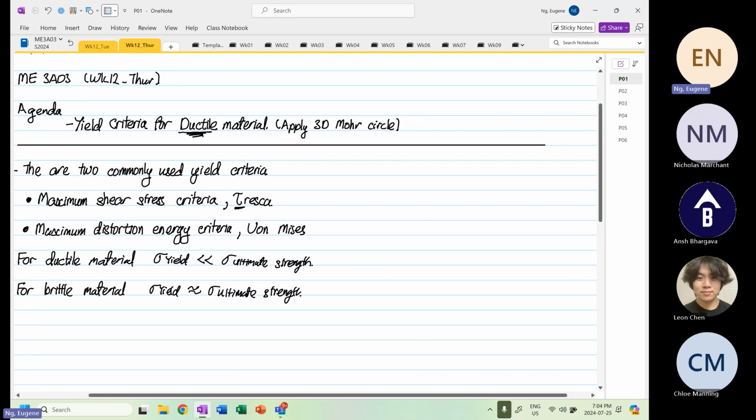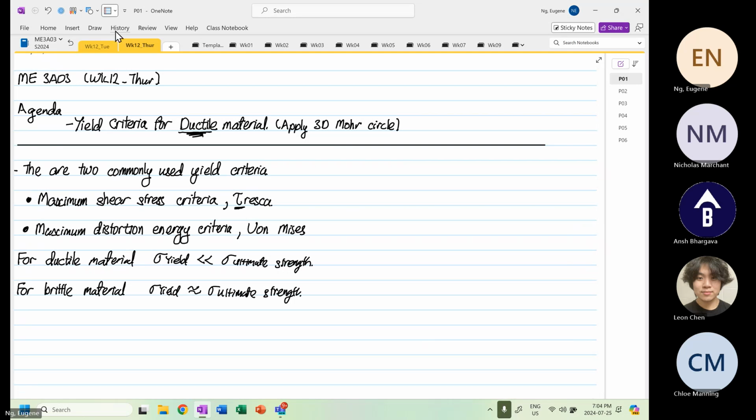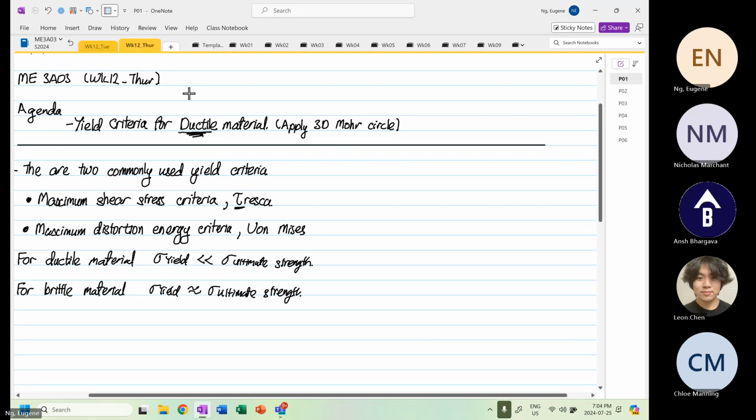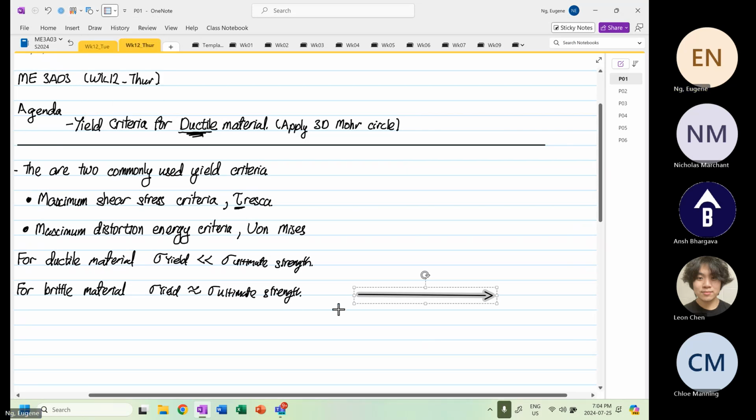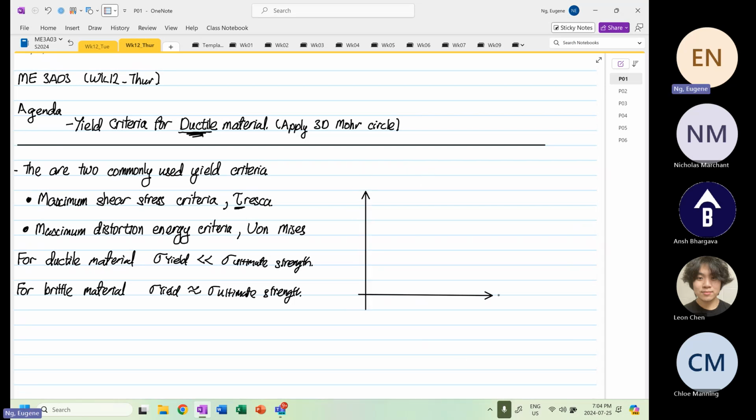So if we were to sketch a stress strain curve, this is our strain line, and this is our stress line.